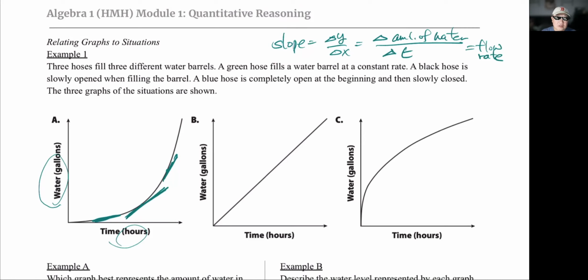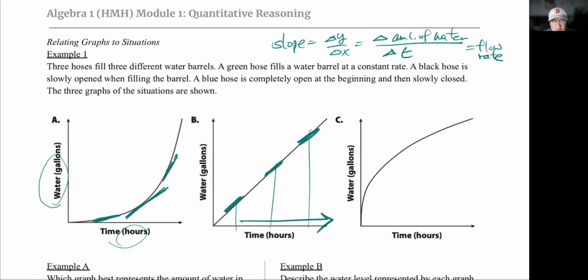Okay, now let's look at A. What's happening? As time increases this way, my slope is a little flat, then a little steeper, and then even steeper, which means the water flow rate is increasing, isn't it? Then you take three different points over here, and what do you notice about these three slopes? They're exactly the same. So the water flow rate did not change as time increased.